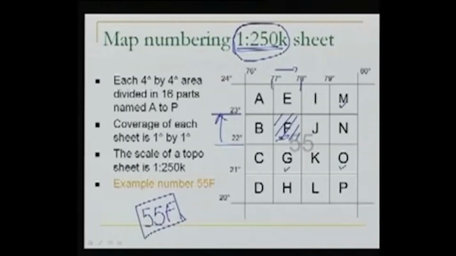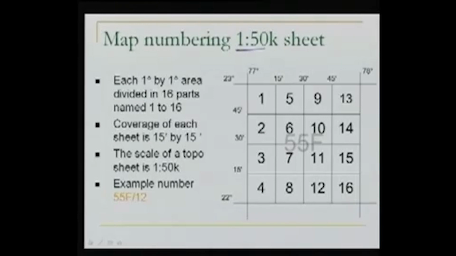Well, we might like to go in a scale which is better than this scale, 1:250,000. We would like to go, for example, for a scale 1:50,000, because we know the details, the information will be more in 1:50,000 than in 1:250,000.